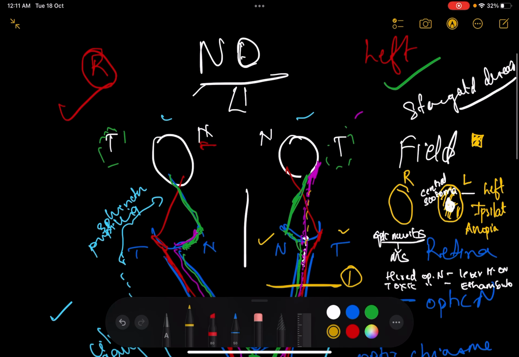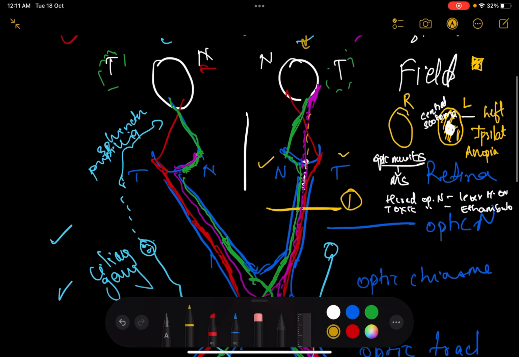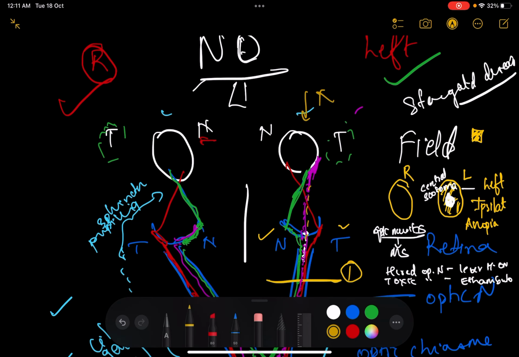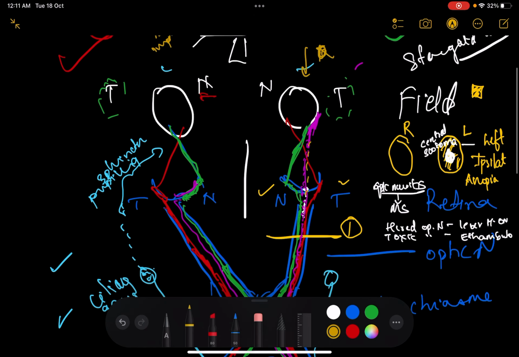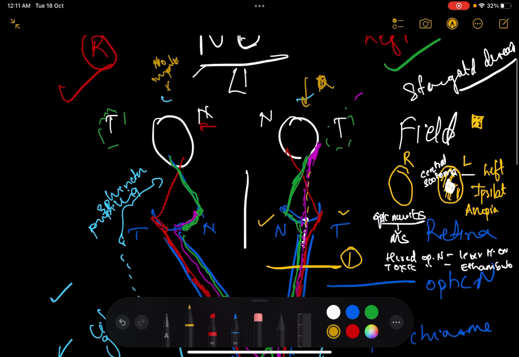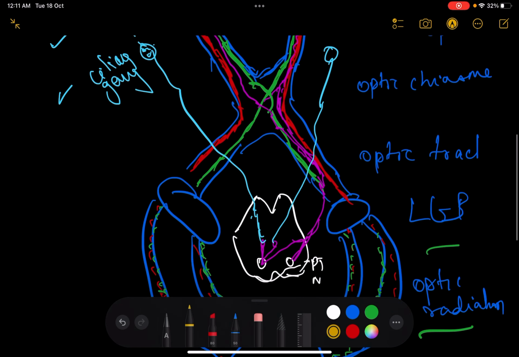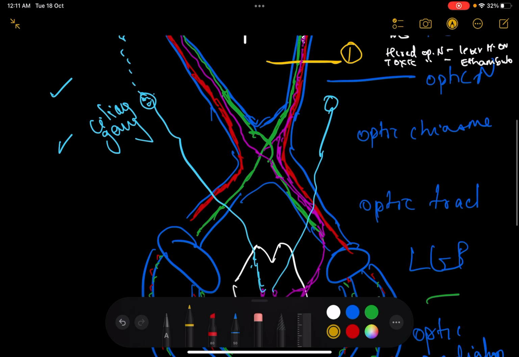So let's say when I show light in this eye, the pupillary light reflex is not going to be present because the impulse itself is not reaching. Here there is no impulse, but here there is an impulse. So that means no stimulation here. Therefore no impulse reaches the Edinger-Westphal or the pretectal nucleus.